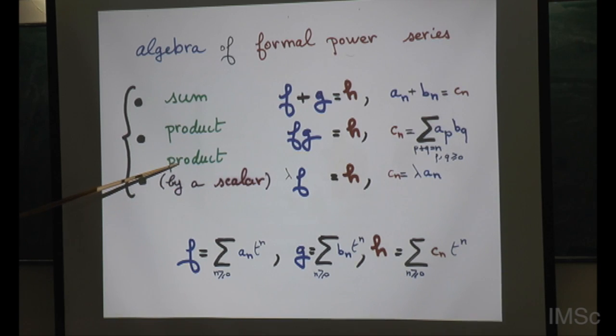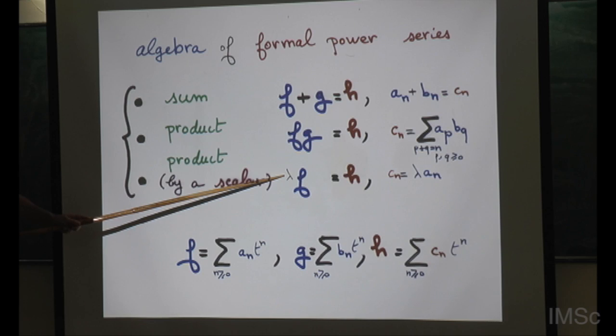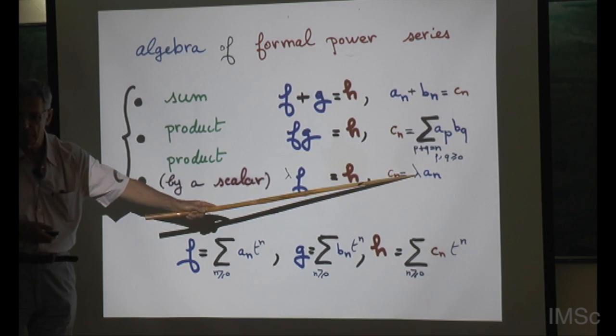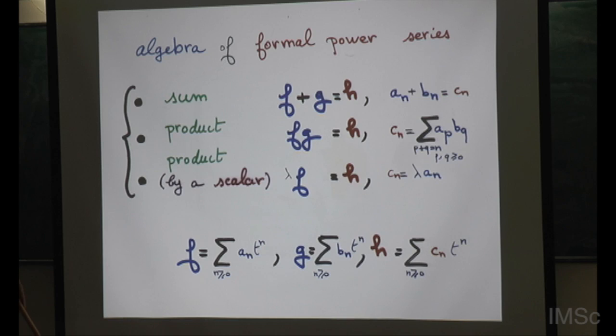Then you can define the product by a scalar. If I take a coefficient lambda of the ring, lambda times F is defined by this very natural cn will be lambda times an. So we have a vector space with these two, and then this gives you an algebra. It's the algebra of formal power series, an extension of the algebra of polynomials in one variable.